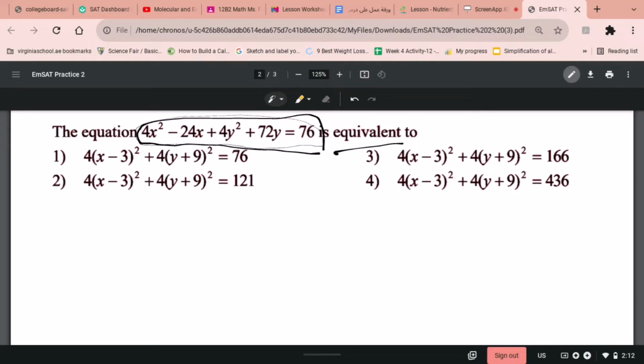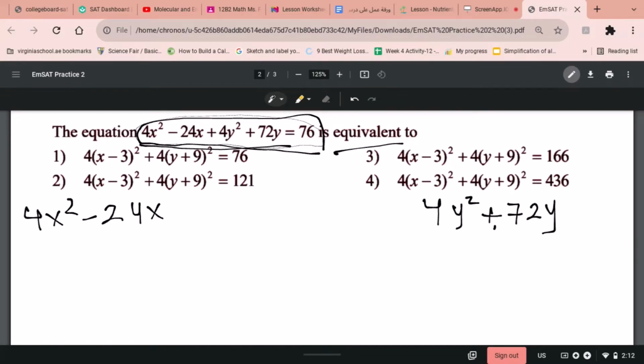In order to solve this question, first of all, we notice that we have 2 variables in this expression, which are x and y. Then we make 2 expressions: the first expression is 4x squared minus 24x, and the second expression is 4y squared plus 72y.